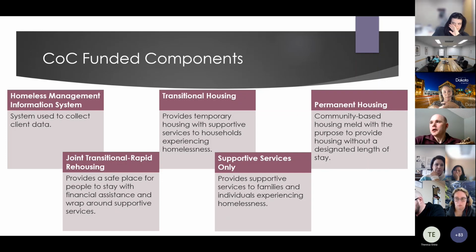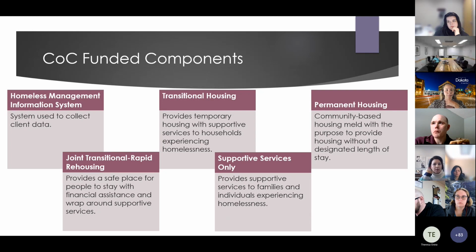Oftentimes, some of the barriers we hear, for example, is that there are a lot of homeless people in this region, but there's no data to support that, and so when they're applying for funding, they can't get that secured. So as Chanel's presenting, and Jana, Carrie, and the next one talk through this data and data collection, I want you all to be strategically thinking about where you should be integrated within those processes.